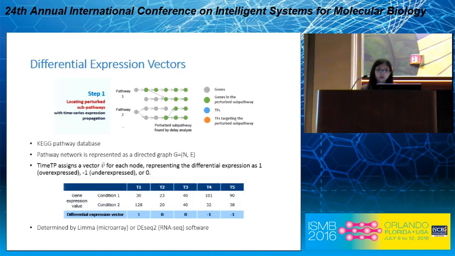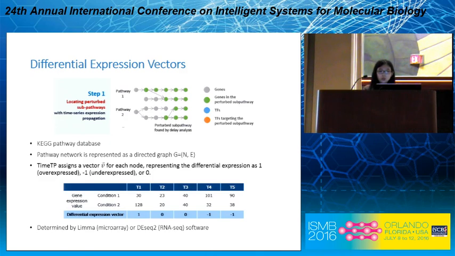So in this example, for a data set with 2 conditions and 5 time points, you can calculate the differential expression vector with length 5 by comparing 2 conditions at each time point. And this statistical test is usually done by limma or DESeq software.